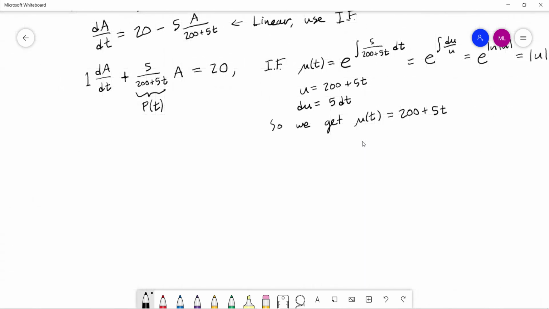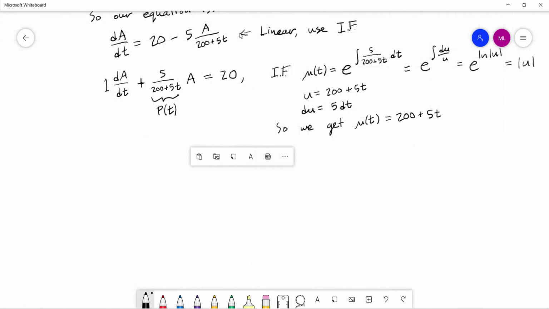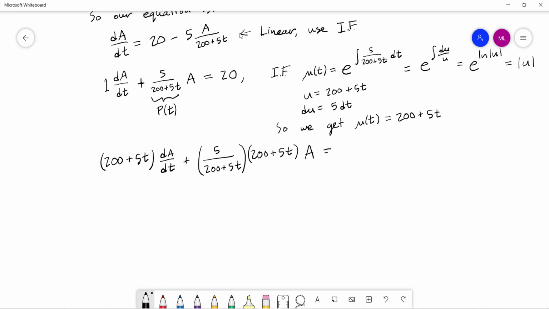There's my integrating factor. If we come back to the original equation, the presumption is then that what I would get is 200 plus 5t times dA/dt plus 5 over 200 plus 5t times our integrating factor, 200 plus 5t, times A will equal the right-hand side times our integrating factor, so 200 plus 5t times 20.